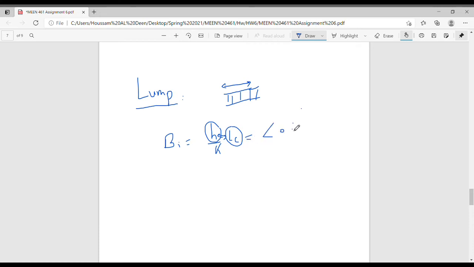Okay, and when the Biot number is less than 0.1, we are going to use the lumped system analysis, which means that because this object is small, the only variable involved in the analysis is time. So our differential equation will only be in terms of temperature and time.